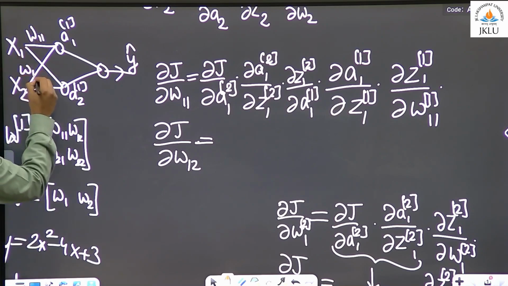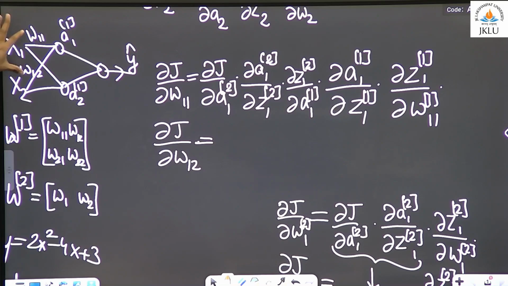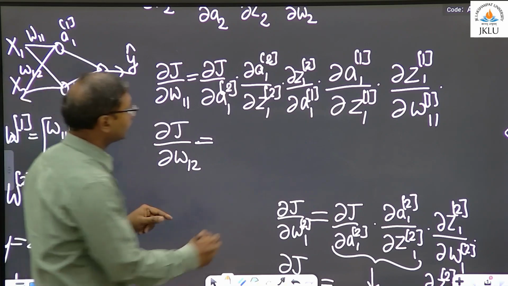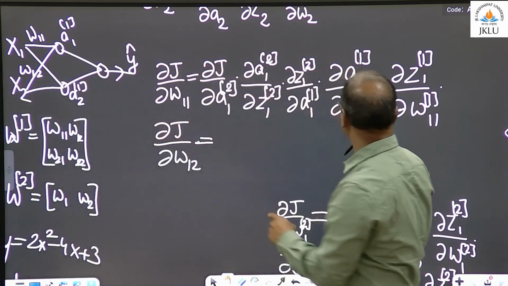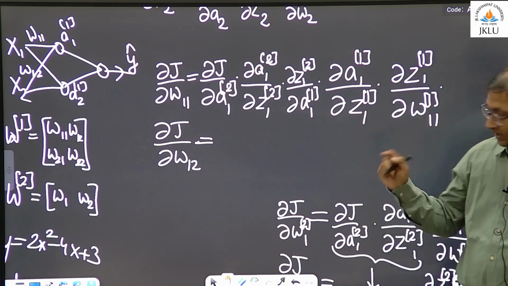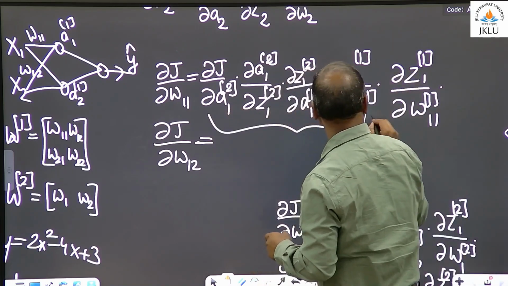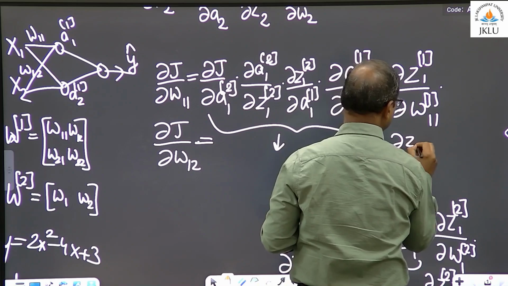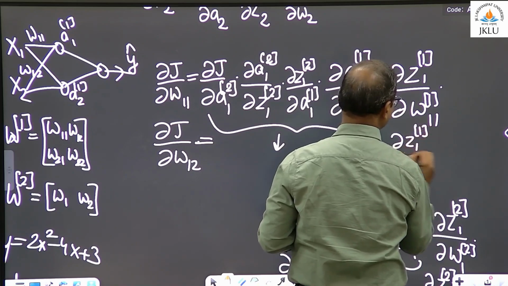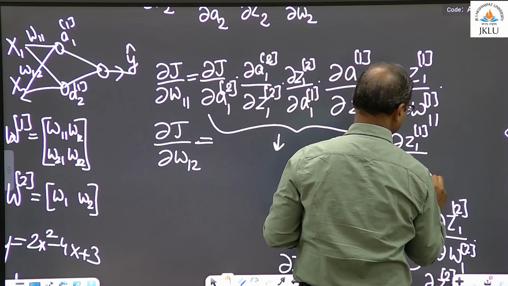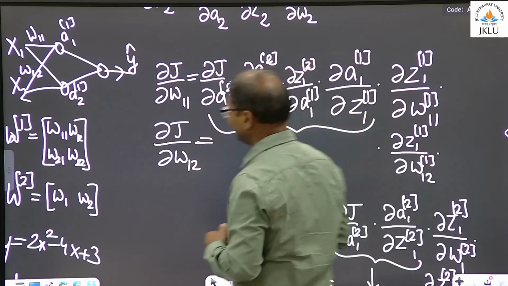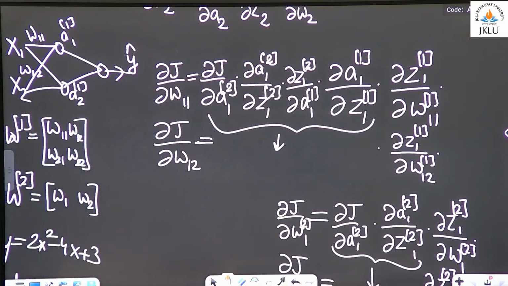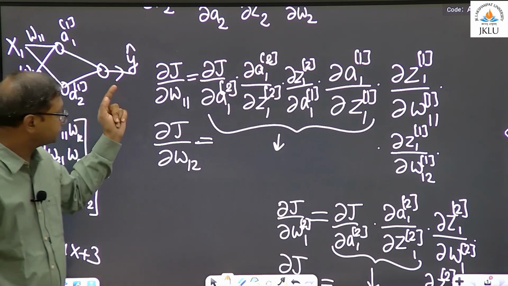So, W12 is analogous to W11 except that, okay. Is this contributing to Z11 as well? Right. So, this whole thing comes as it is. What will this be? Del Z11 by, fine. You have to notice if I make any mistakes.